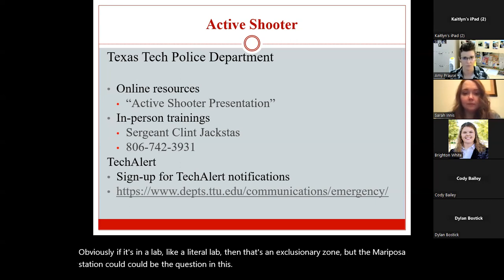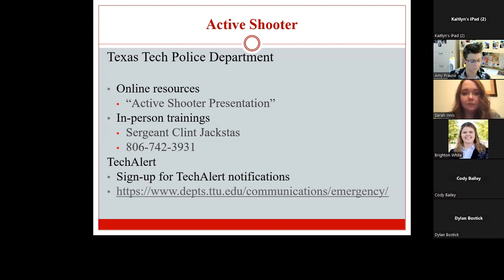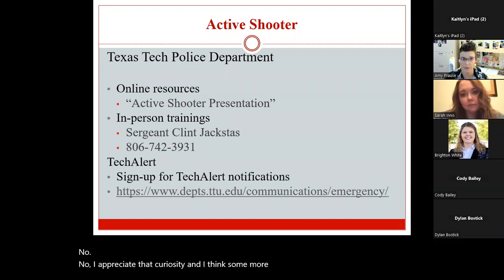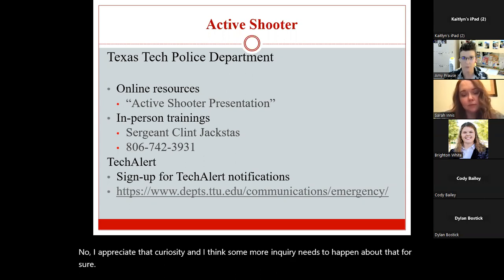We also have a surgery area in our school, and my question is, my club would never use that, but does that count as a research lab, like an exclusionary zone? Sorry to be confusing. I just know we talked a little bit about the fact that we had controlled drugs on campus the last time we had this meeting, so I was just curious. No, I appreciate that curiosity. And I think some more inquiry needs to happen about that for sure. Thank you for posing that question.